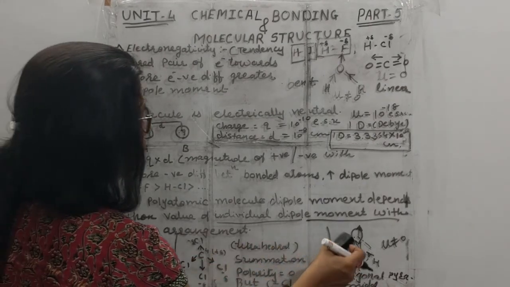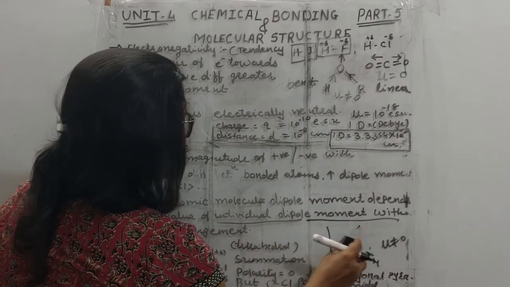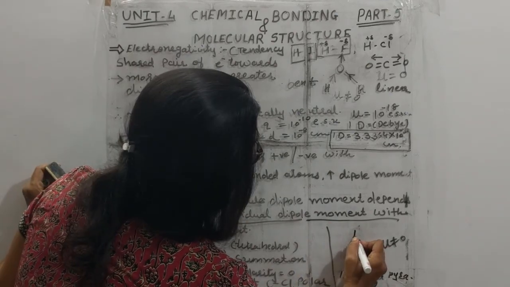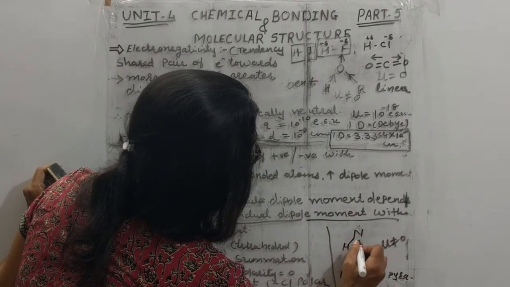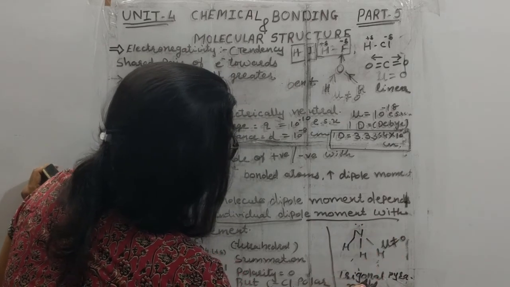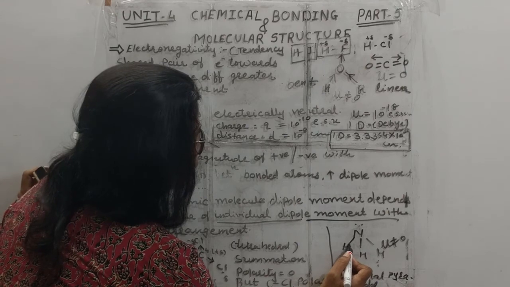So this way you can draw the shape, or you will get an idea of the shape also. So here N, H, H with this lone pair.